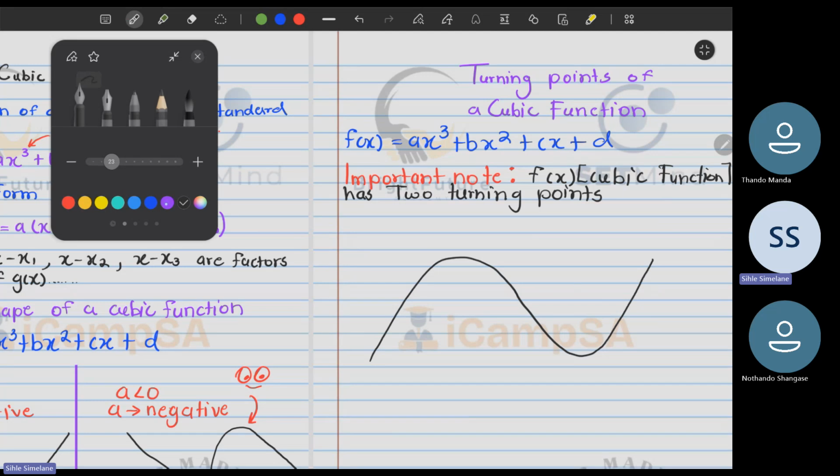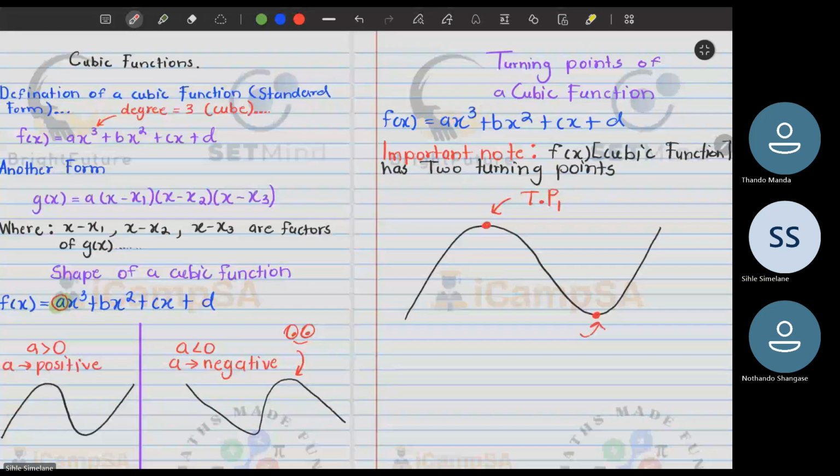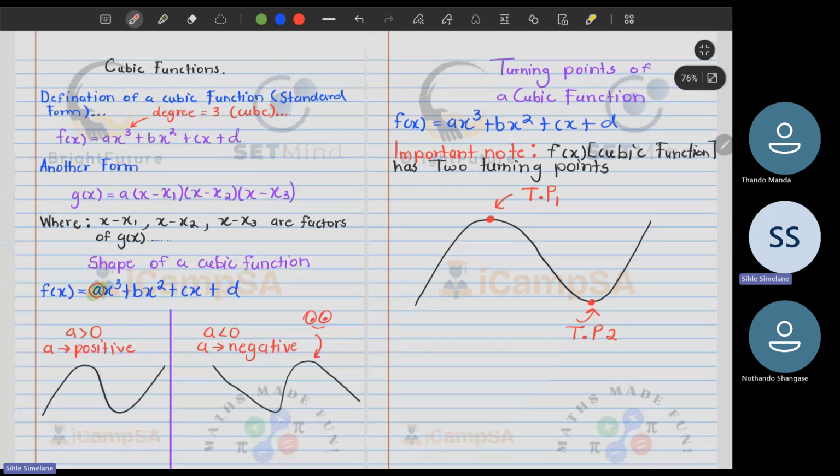Okay, that we have a turning point here. This here is a turning point. We'll call it turning point 1. And there's another turning point here that we can call turning point number 2. So that is the property of a general cubic function.